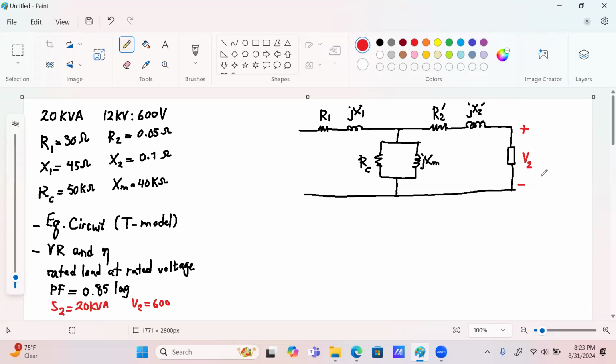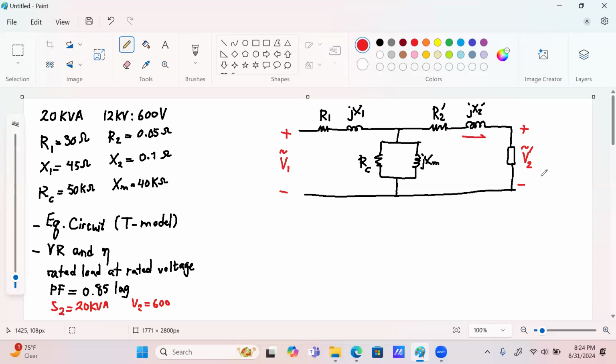Because I'm referring everything to the primary side, I have to put that V2 prime there, and I'm going to place the tilde on top to remind myself that this is a phasor, not a scalar. The voltage on the primary side is just simply V1 tilde. There is no prime because it is the primary side. It hasn't been referred to any other side.